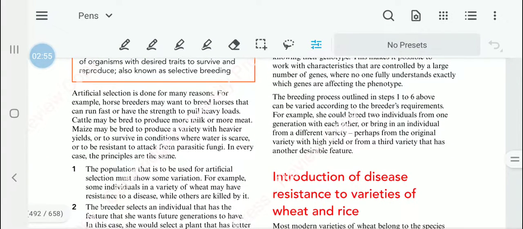If you take maize to be bred to produce heavier yields, to survive conditions where water is scarce, to be resistant to parasitic fungi, or to resist bacterial or viral infections, against all of these things we do the same thing: artificial selection.